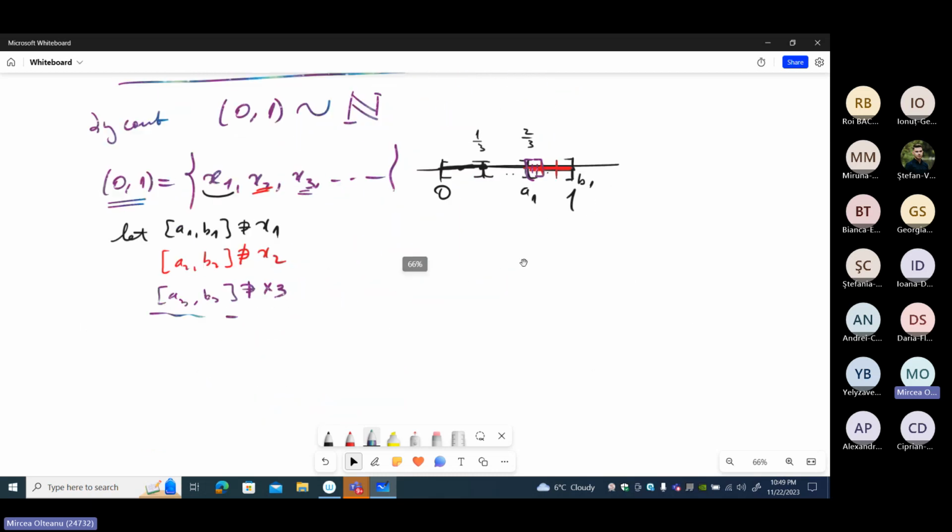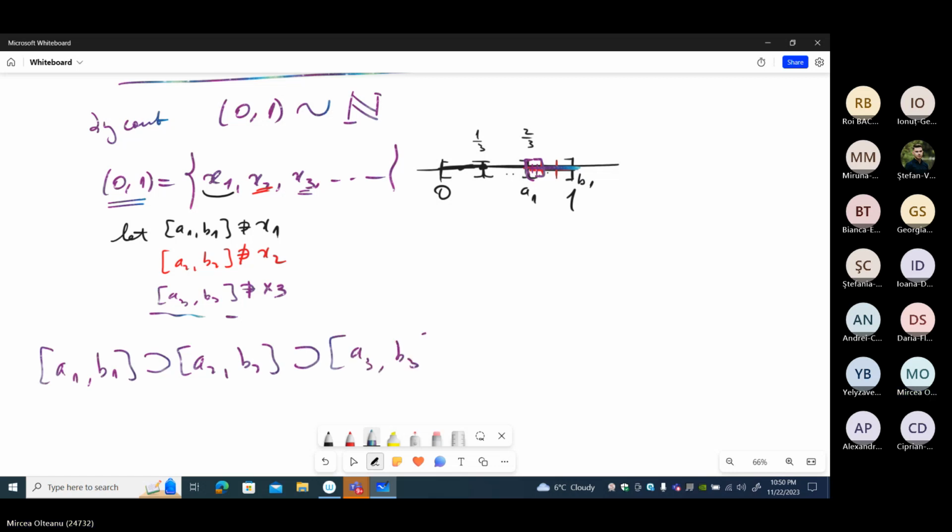So in this way, we get intervals like this: A1, B1, which contains A2, B2. Attention, because you see A1, B1 is this one, and A2, B2 was this one, smaller and smaller, which contains A3, B3, and so on, infinitely many.